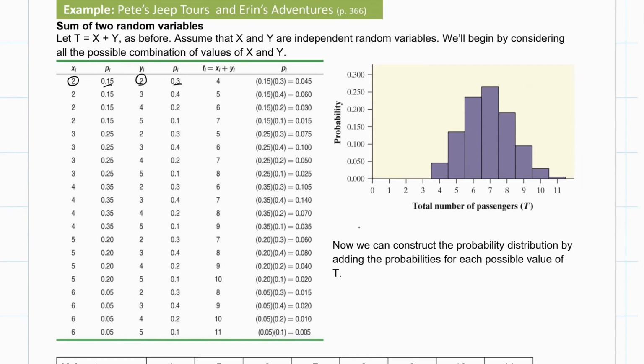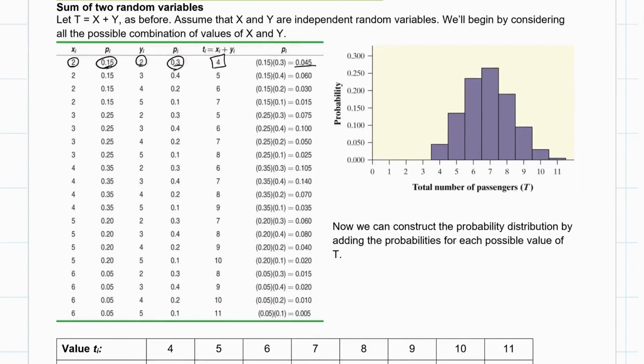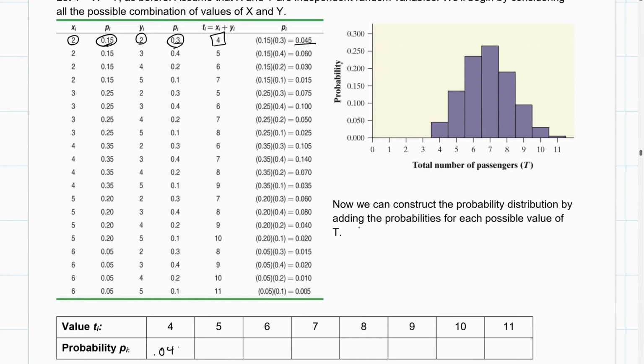We could say that the probability of having 4 passengers in this way is the product of 0.15 and 0.3, which ends up being 0.45. And therefore 0.45 ends up in that square. That's the only way to get a 4, a 2 and a 2, and that's the probability. Now, what about other ways? How about getting a 5? Well, we may get a 5 from a 2 and a 3, and I'm going to put a little check mark next to that one.